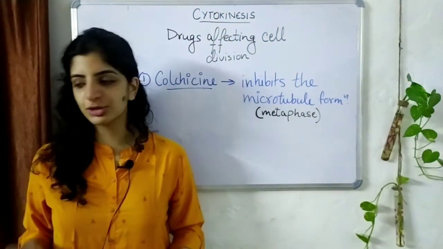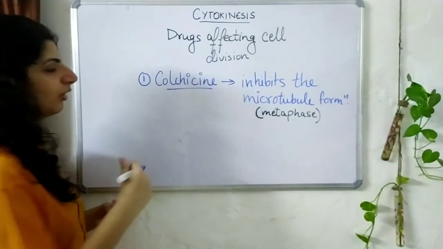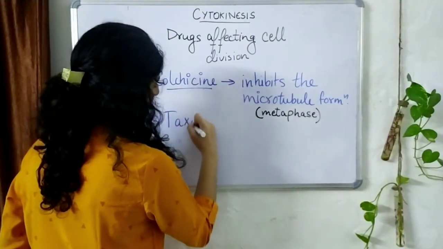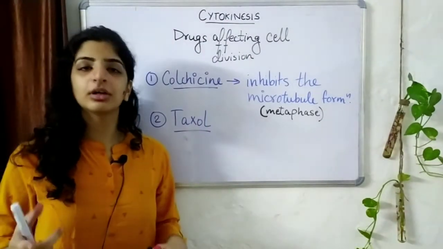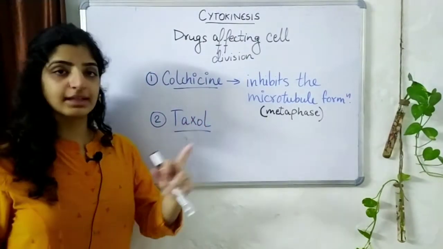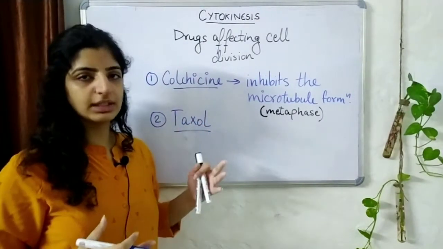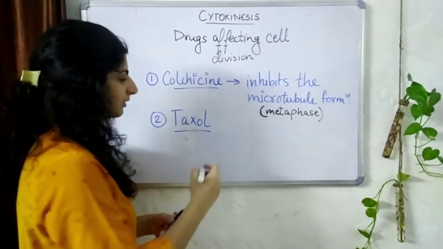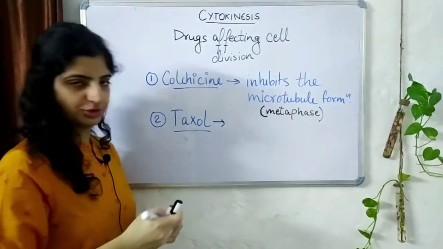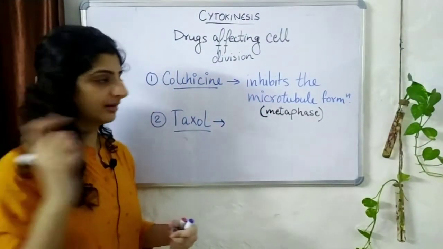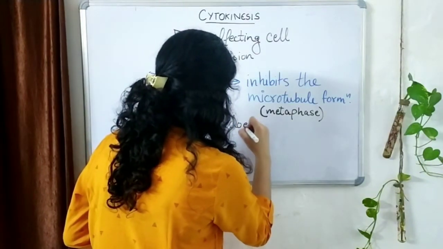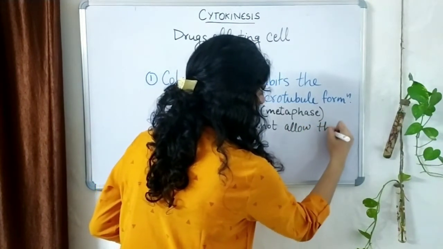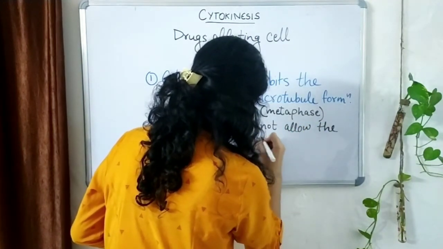Another drug that is used to inhibit the cell cycle, or the cell division to be precise, is Taxol. Now, one place you might have heard the name of Taxol is that it is used a lot as a chemo drug, that is in cancer treatment. Taxol allows the formation of these microtubules, but it does not allow the shortening.